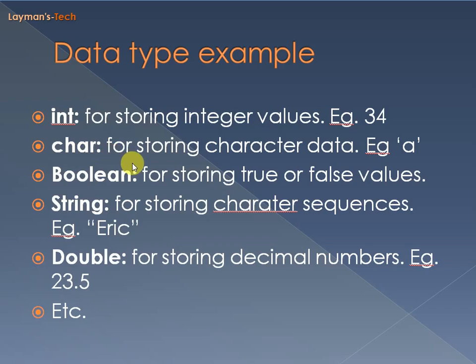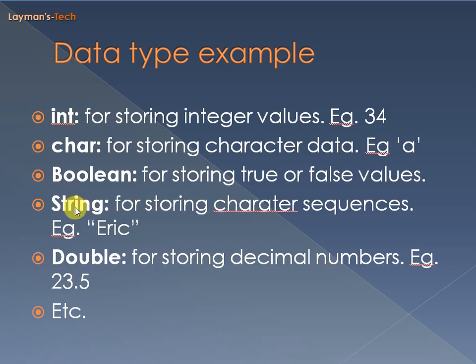Character is used for storing character data, example A. Boolean can also be used to store true or false values. With Boolean data types, there is a lot more we can talk about in order to understand that data type, but for now, just know that it stores true or false values.